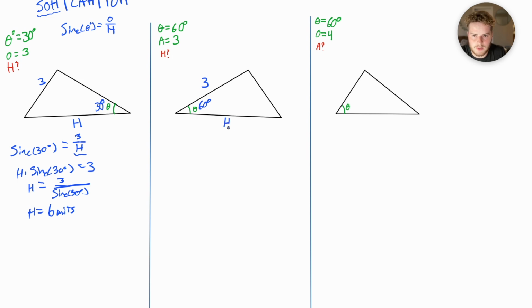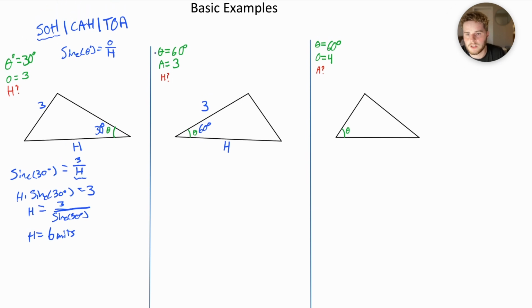Looking back at our SOHCAHTOA acronym up here, we know that we have the adjacent and we want to find the hypotenuse. So that means we're going to be using cosine here. An identity for that is cosine of theta is adjacent over hypotenuse.